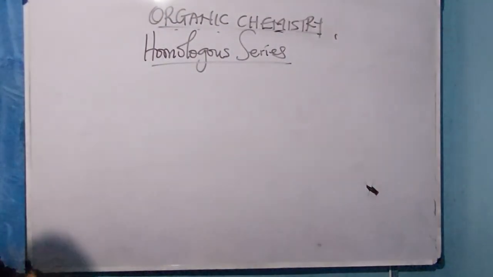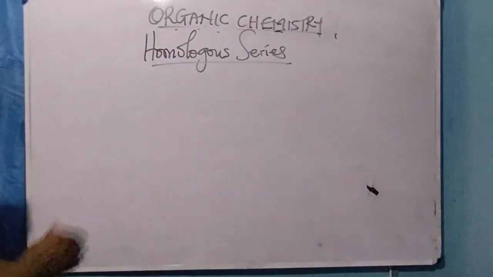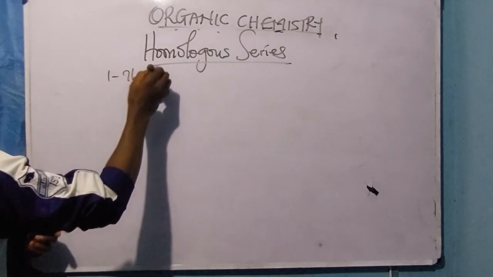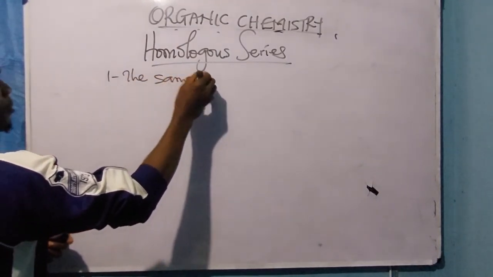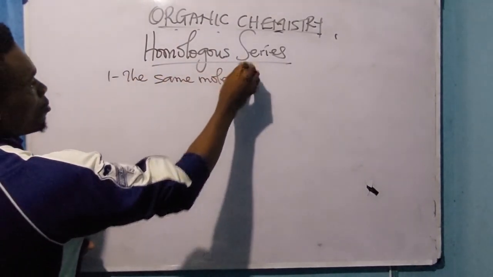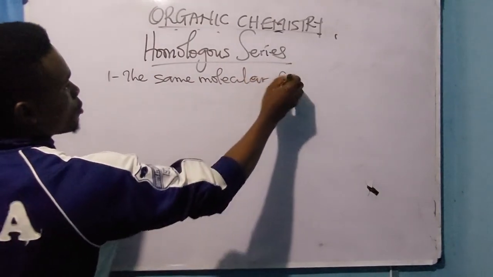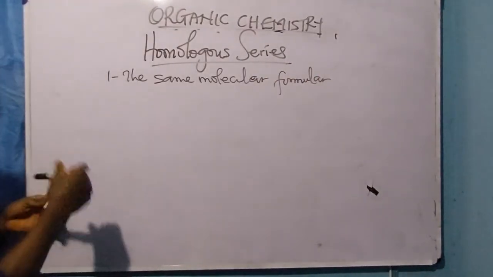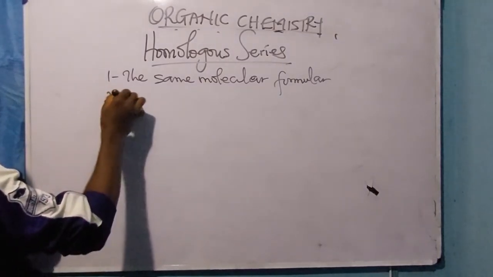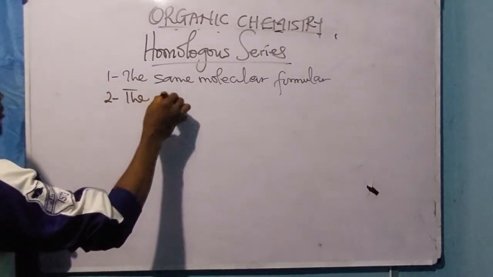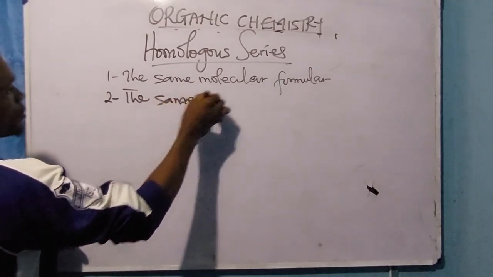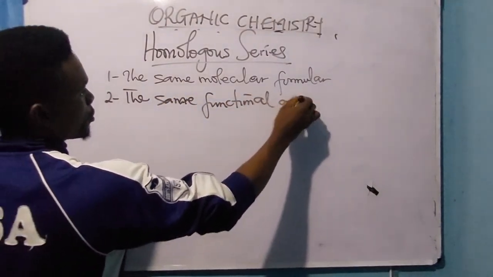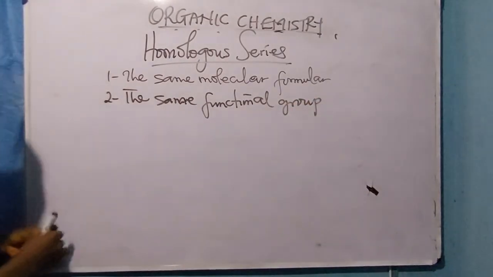Now, what are some features of these organic compounds, of this homologous series? One, the same general molecular formula. Two, they have the same functional group.